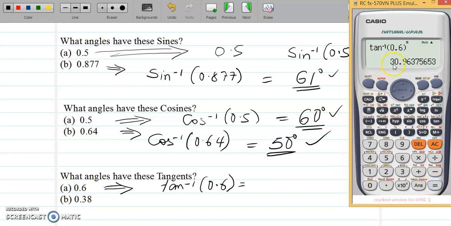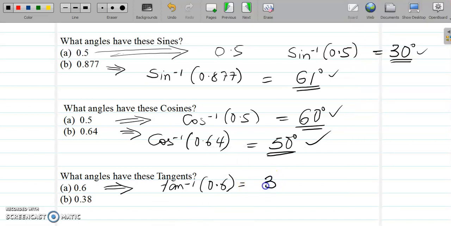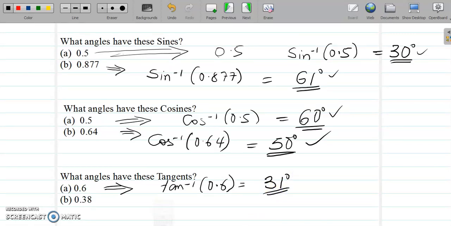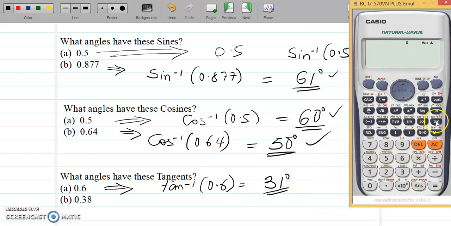We have what? 30.9, approximately 31. So the angle is 31 degrees. See that? Okay. Now let me go to the other side. If I have tan 31, tan 31 gives me what? 0.6. You see that? 0.6. That clearly shows it.